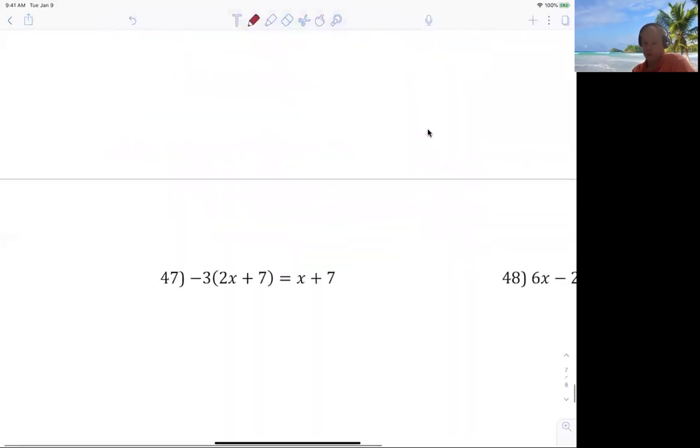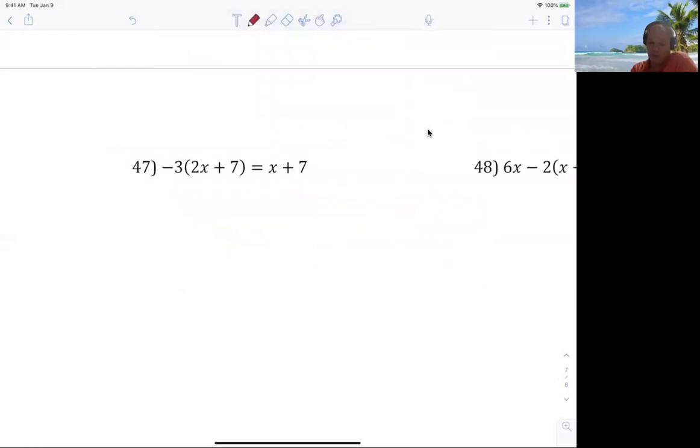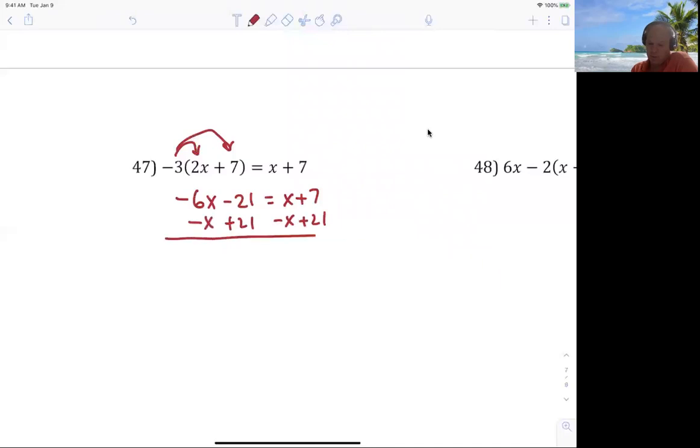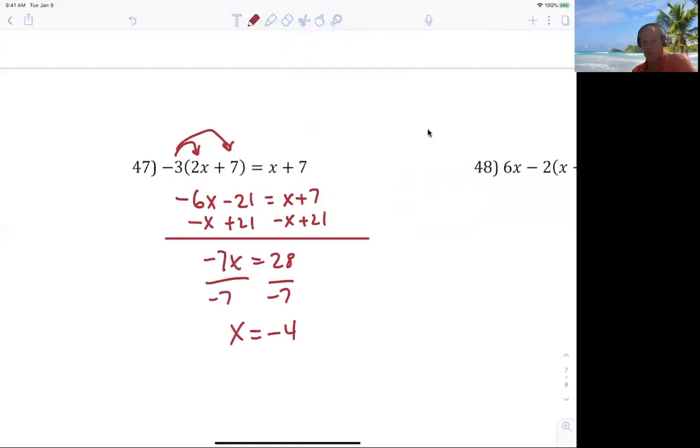Let's check out 47, distributing a negative 3, distributing a negative 3, negative 6x minus 21 equals x plus 7, subtracting x, adding 21. Negative 7x equals 28. Divide by negative 7, x equals negative 4.